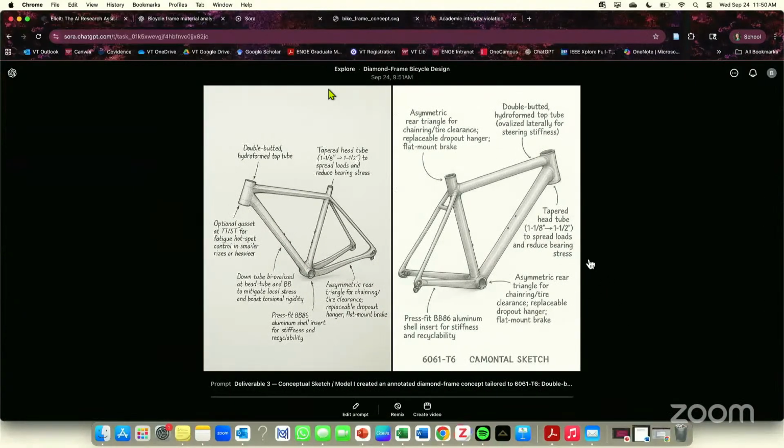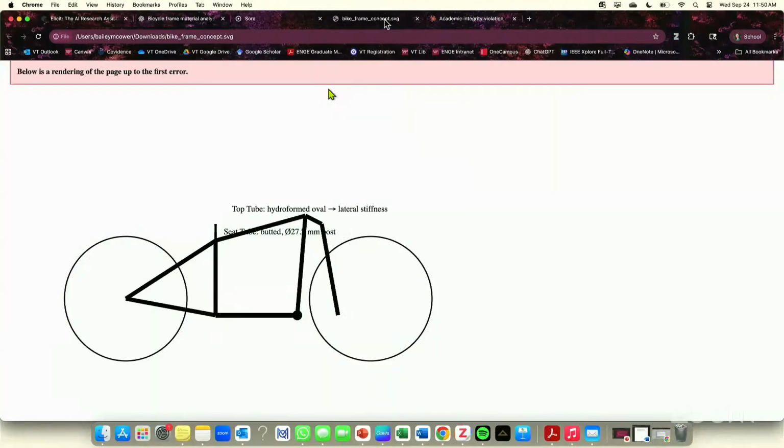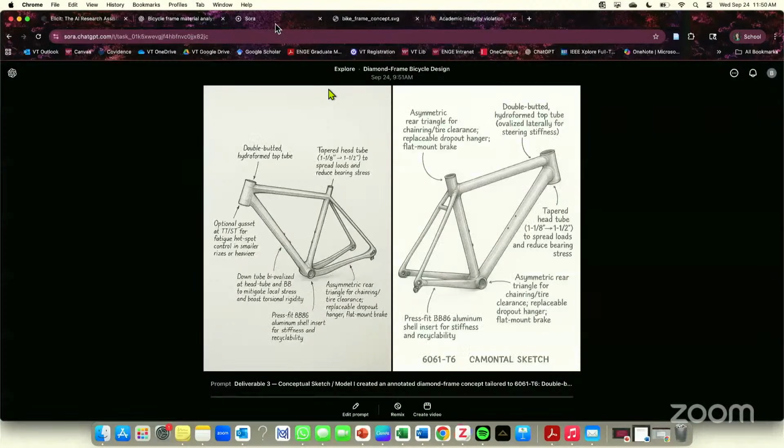So we put it in ChatGPT, it gave us that. Then somebody recommended we put it into Sora with ChatGPT, and it gave us this. We were trying to discern how good that was. Visually, obviously, it's pretty appealing, but how accurate is that information? How relevant is it to the actual assignment? That's still to be determined.